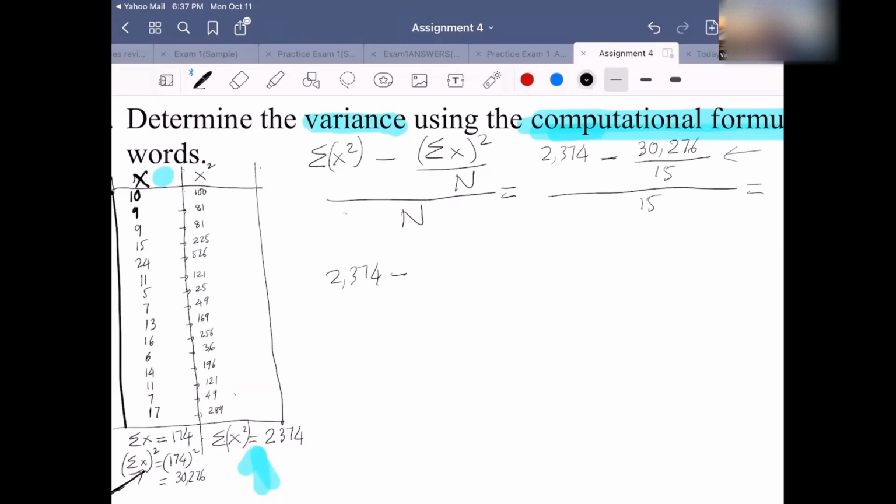I got a few more answers, which is 2,018.4. And then the whole thing is still divided by 15. So now you want to subtract on the top first and then divide. What do you guys get for the subtraction, anyone?